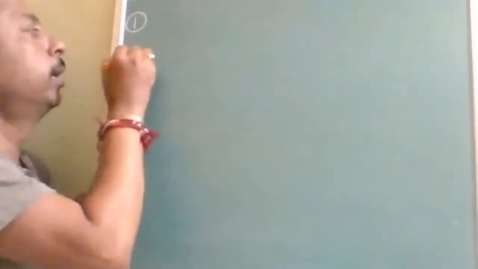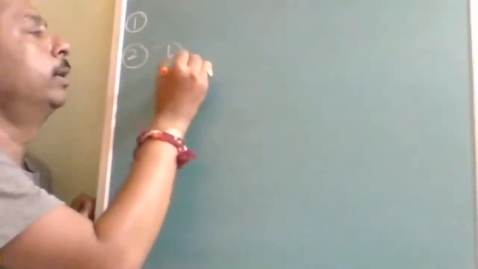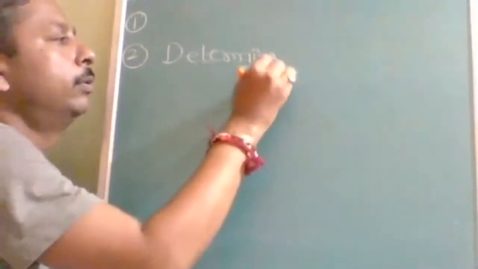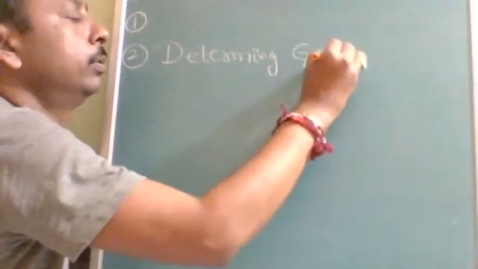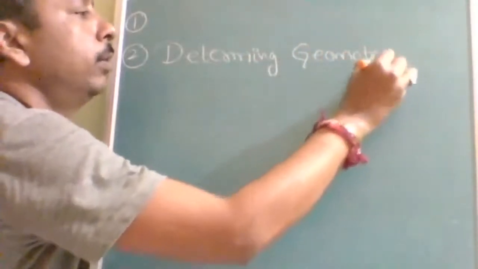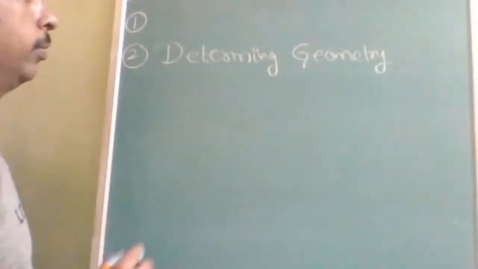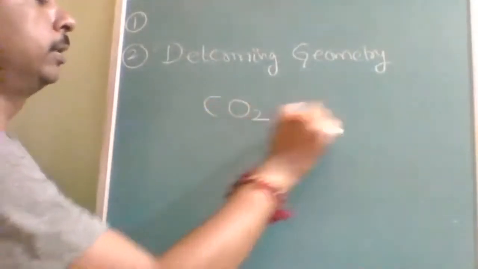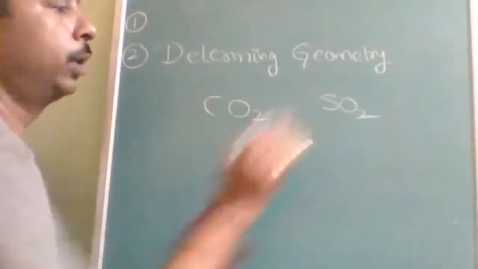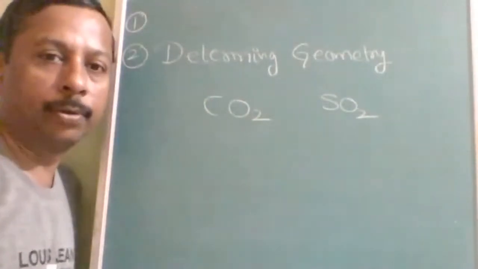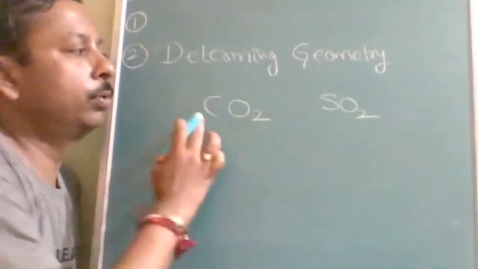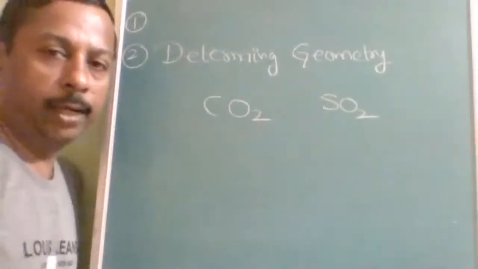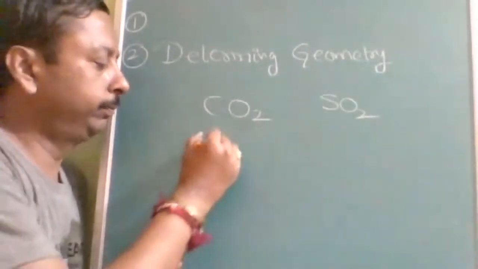Second application is determining geometry, where it is used in determining the geometry. For example, earlier they used to think that CO2 and SO2 are isostructural. They both appear to be the same.